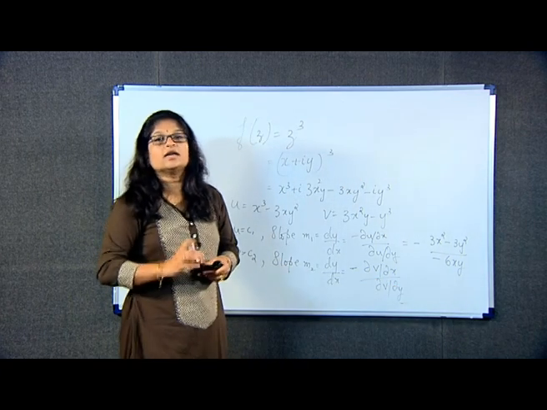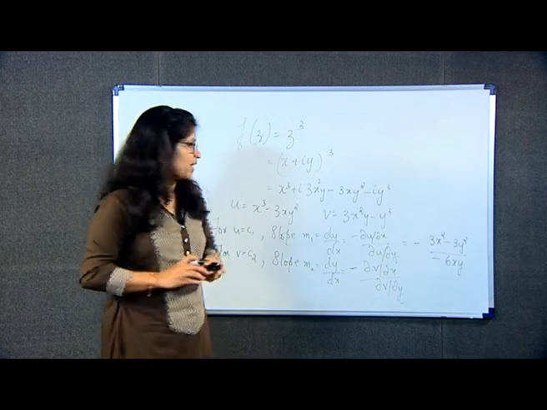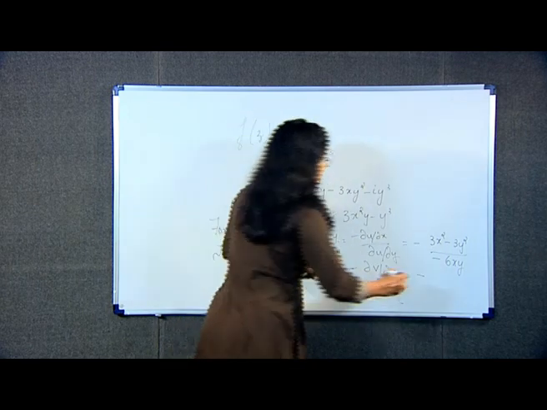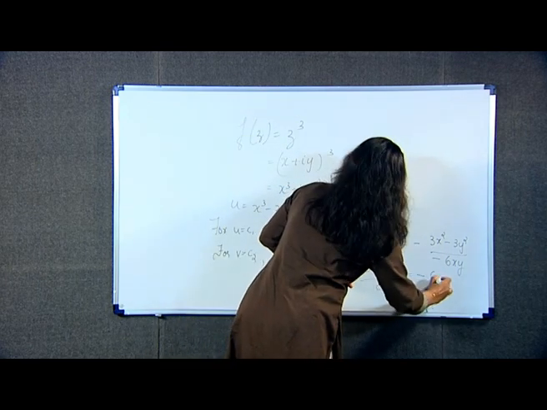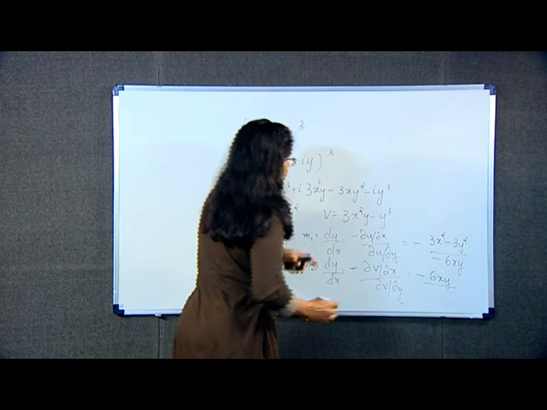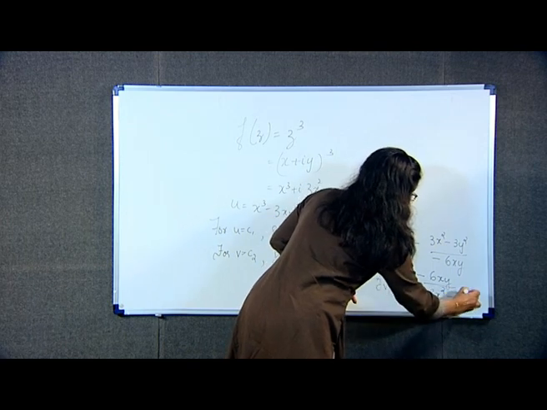So, what do you get? Dou v by dou x is 6xy, and dou v by dou y is 3x square minus 3y square, with the minus sign in front.